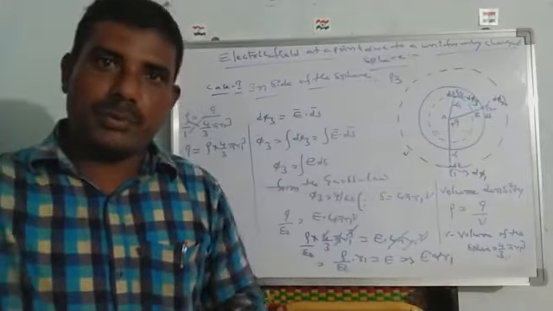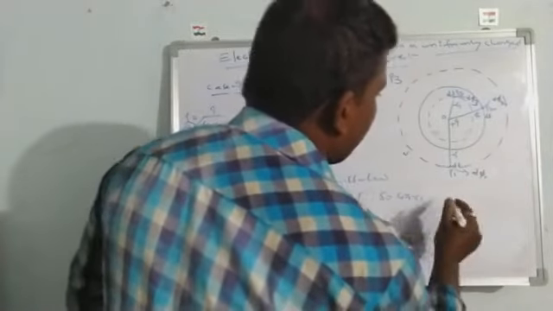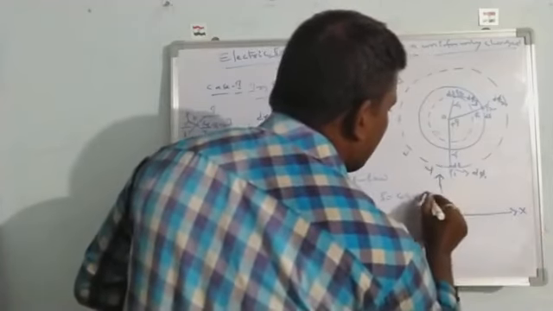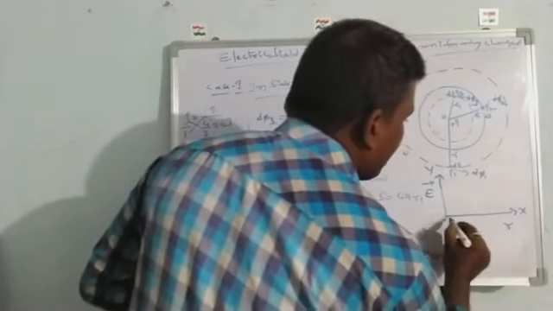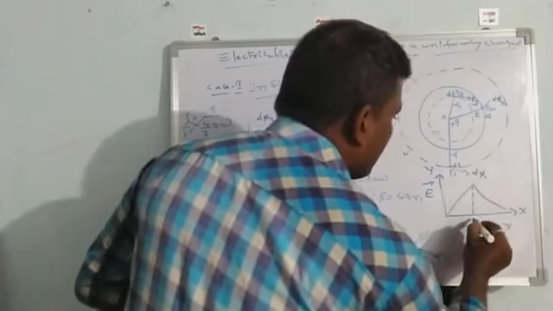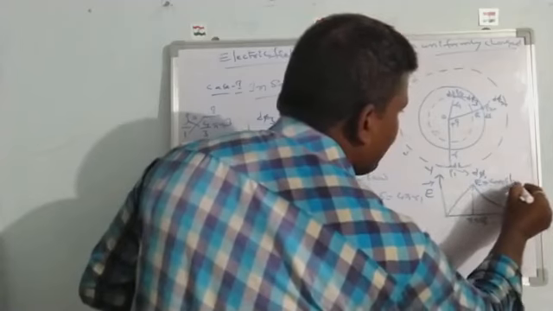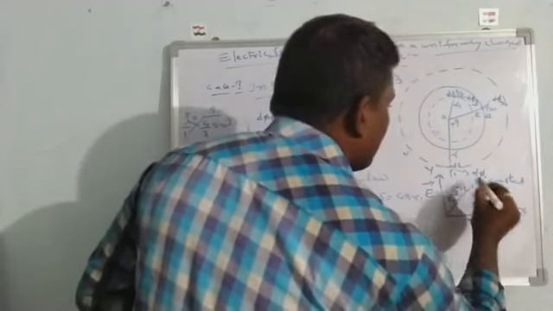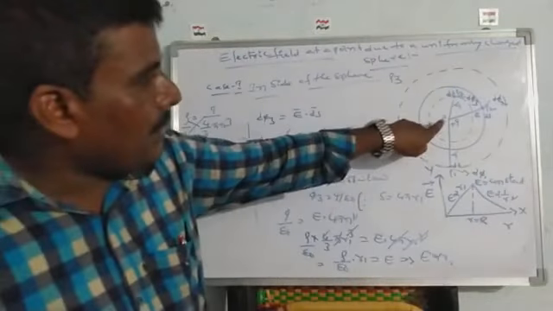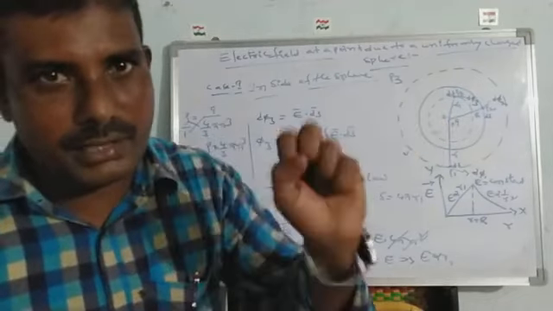The first case is inversely proportional to the distance. The graph is E bar versus R, with the maximum value at R equals capital R. That means at a particular point E is constant, inside E is proportional to r1, and outside it is inversely proportional to the distance from the center, because of the symmetry of the charge distribution.